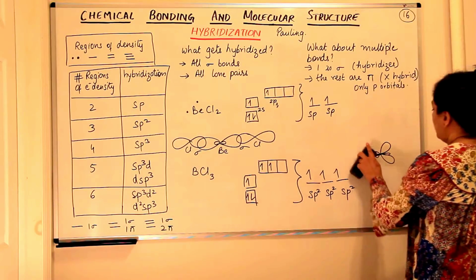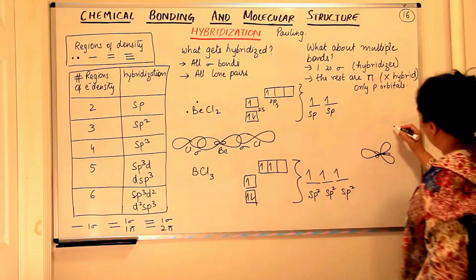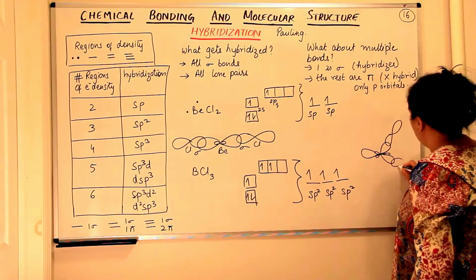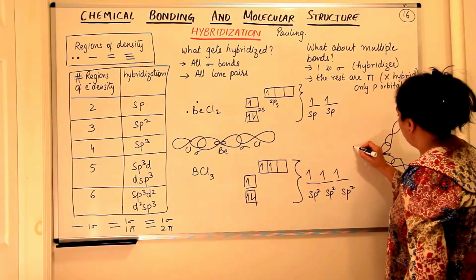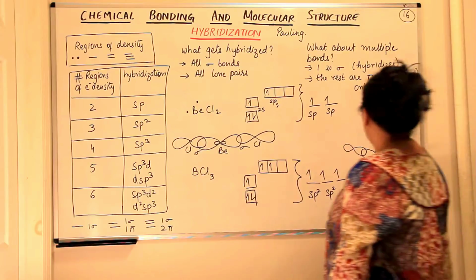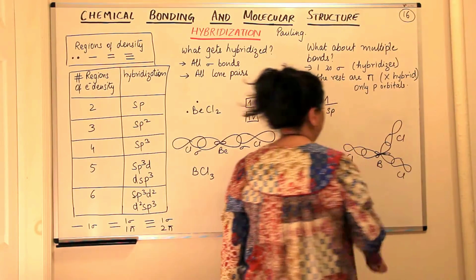Oops, I should have made this bigger. These are the 3 orbitals of boron, and the 3 chlorines combine with it here, right? So this is boron and these three are chlorines.